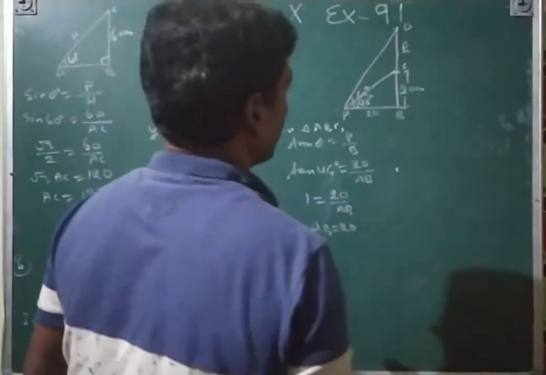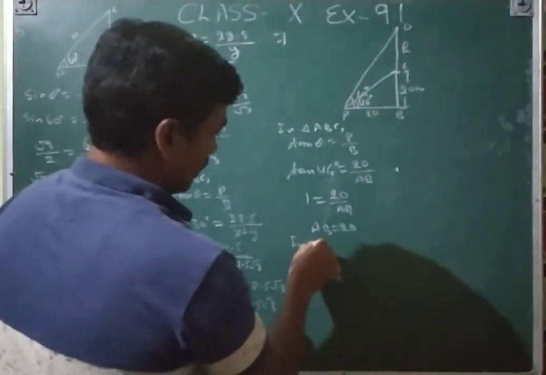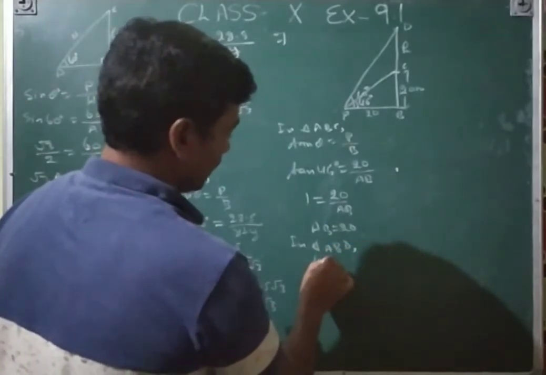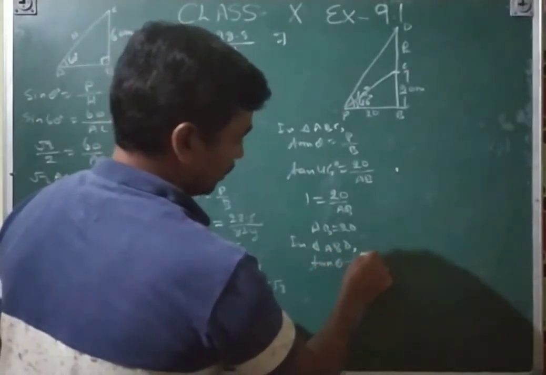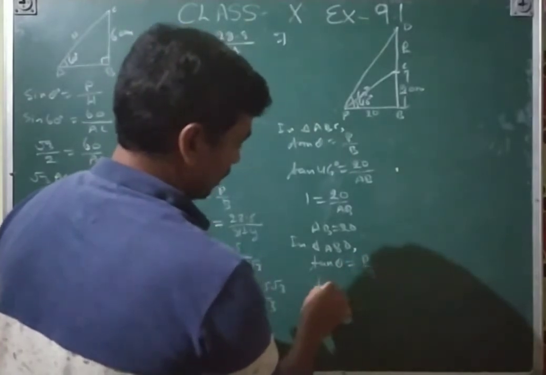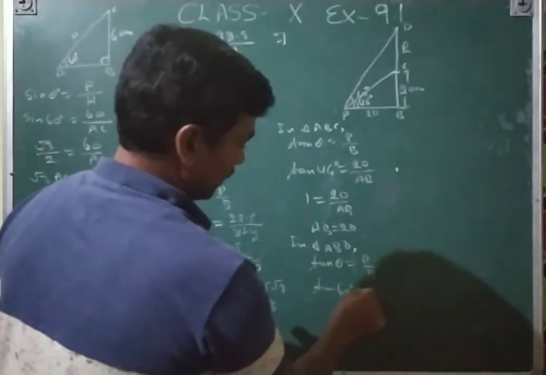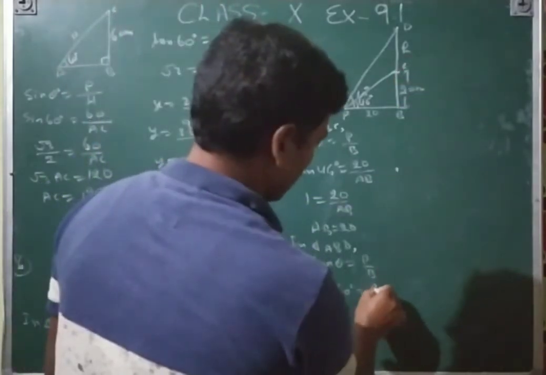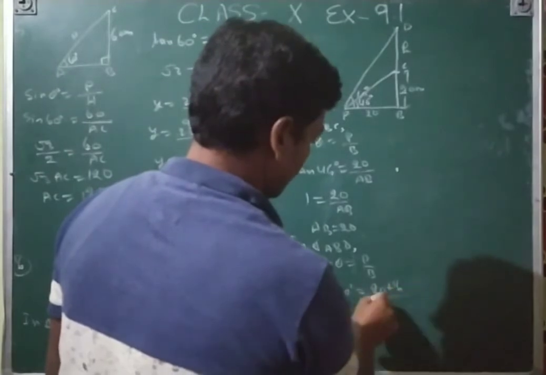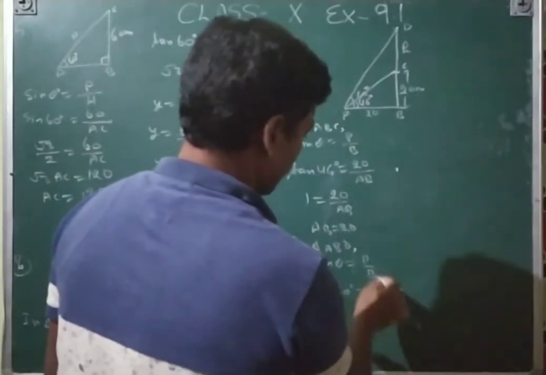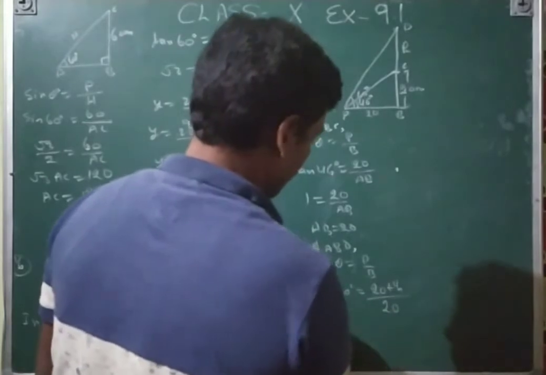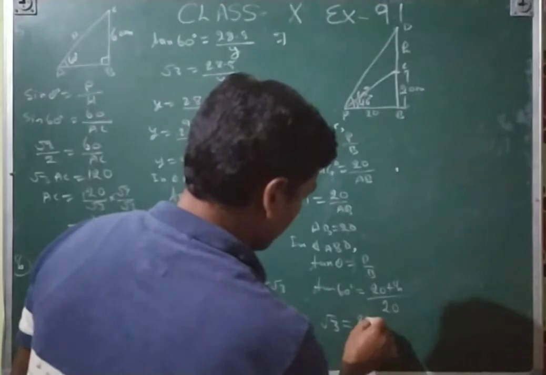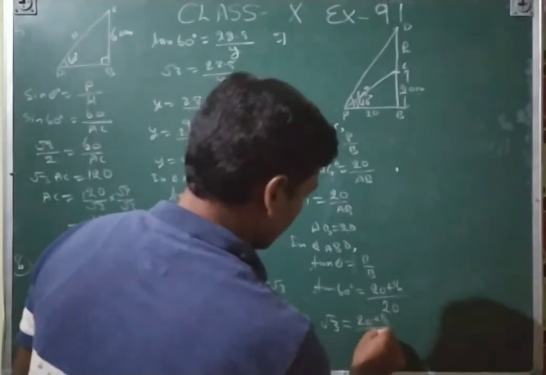Now we will take ABD. In triangle ABD, same thing, tan theta is equal to perpendicular upon base. Now tan 60 degrees is equal to perpendicular, which is 20 plus h, upon base, which we have already found, AB is 20. So the value root 3 is equal to 20 plus h upon 20.